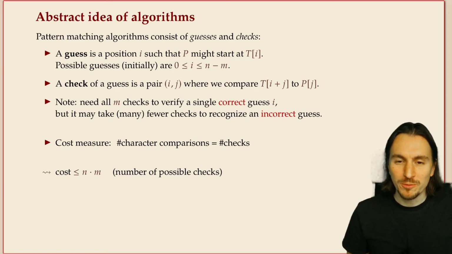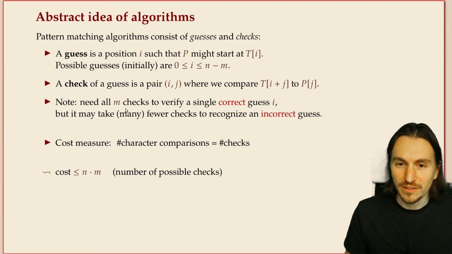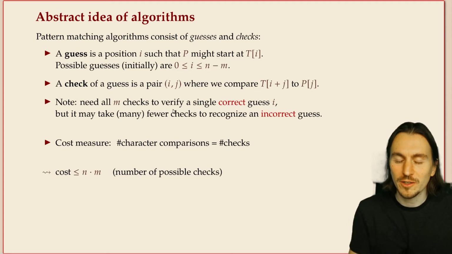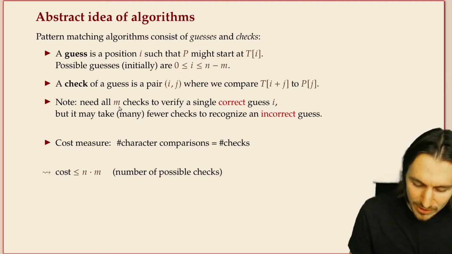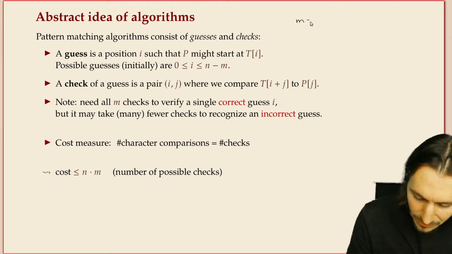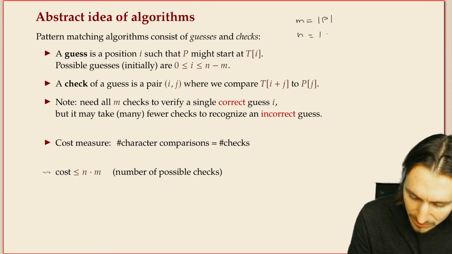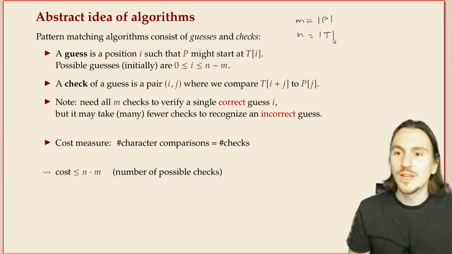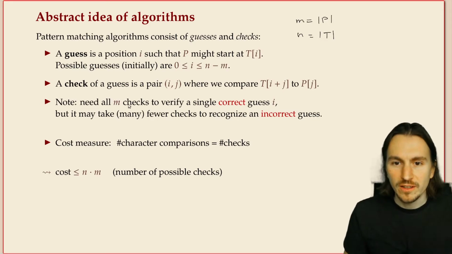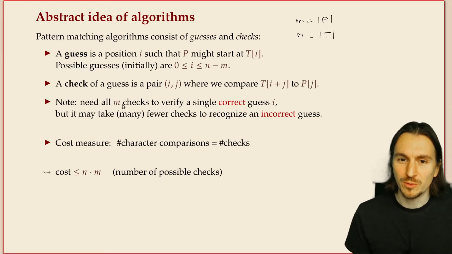These two things will reappear in the algorithms. Some simple observations: if you want to verify a correct guess, an actual occurrence of the pattern, there's no way around doing m checks. Remember, m is the length of the pattern. That was in the notation, but I didn't stress it today, so just to recap: you need m checks to verify that the pattern is really found at a certain position.